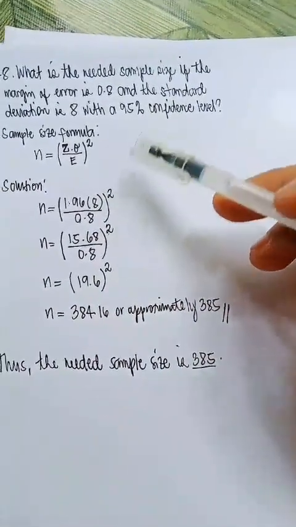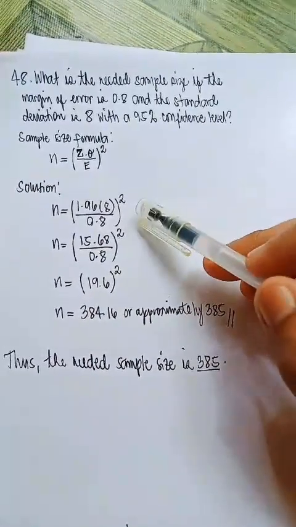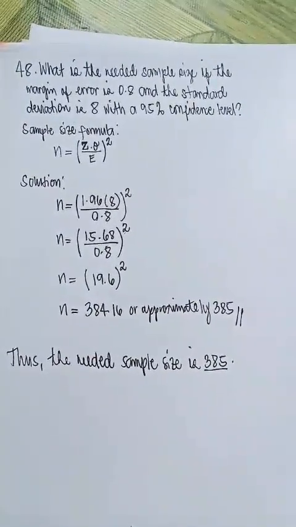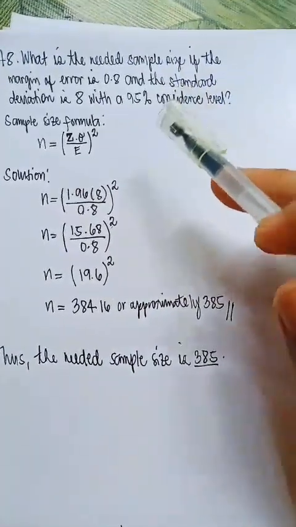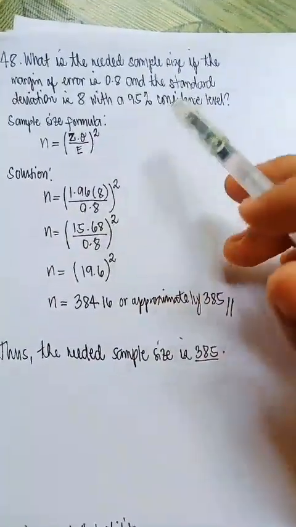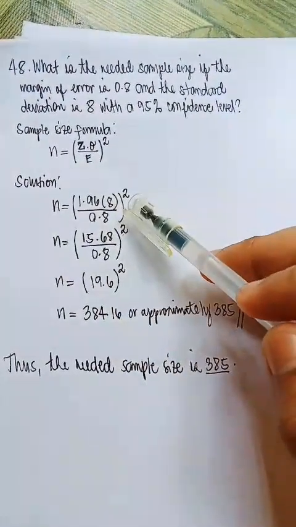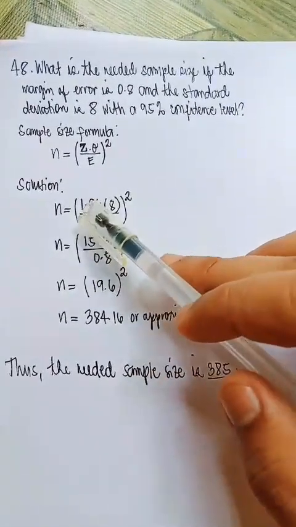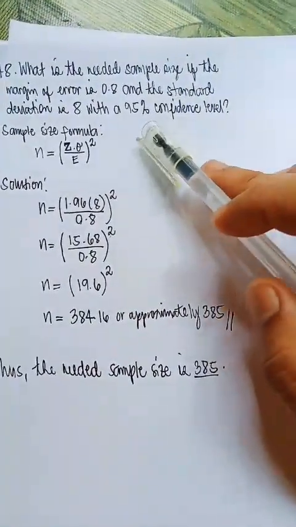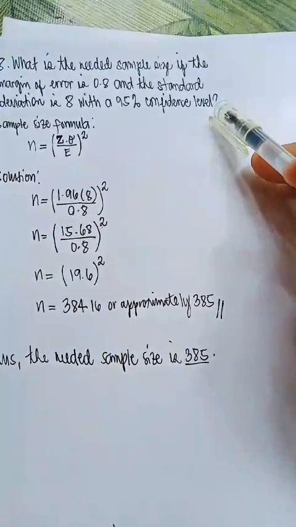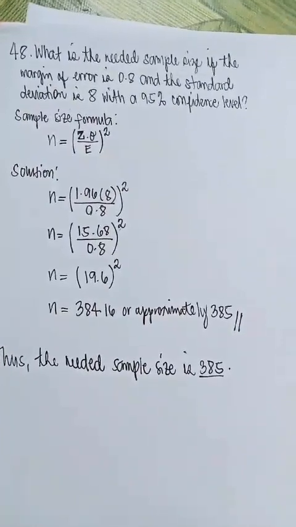Now that we already have the formula, we can proceed to answering. The first thing that we need to do is substitute the given values into our formula. So this will become n equals, just to clarify, we get 1.96 because in our problem we have a 95% confidence level, which in z is approximately 1.96.